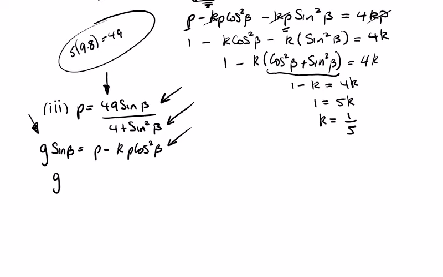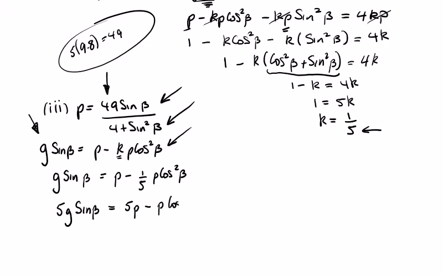So g sine beta, and actually maybe this is where this 5 is going to come in, isn't it? G sine beta is equal to p minus 1 over 5, which is this k, times p cos squared beta. And if we multiply by 5, we're going to get that 5g that we were looking for. So 5g sine beta is equal to 5p minus p cos squared beta.